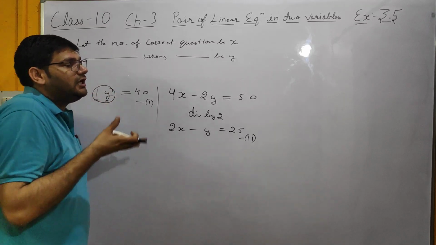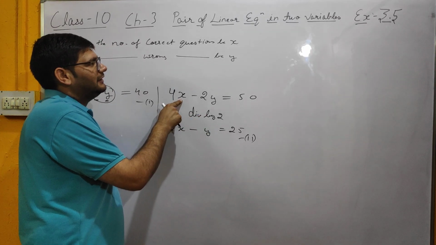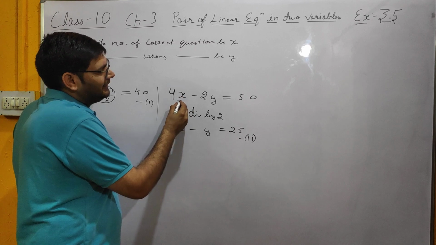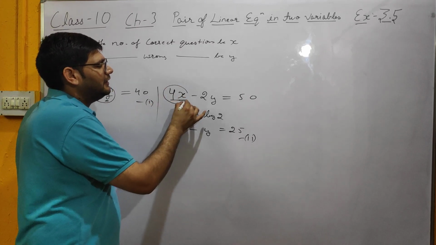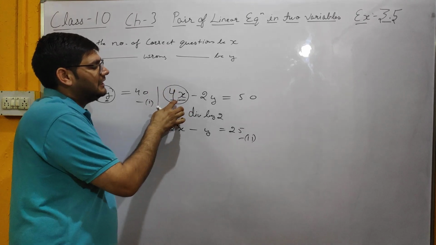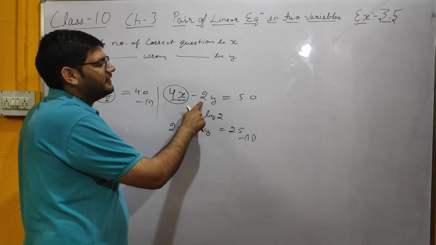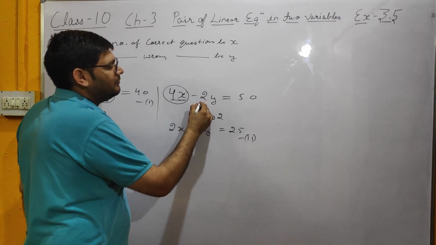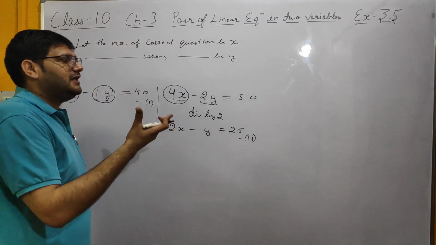Now he is saying that if 4 marks were for the correct questions, and his correct questions were x, multiply it by 4 and you get the total marks of his correct questions. If 2 marks were deducted for the wrong, subtract 2y and you get 50 marks.